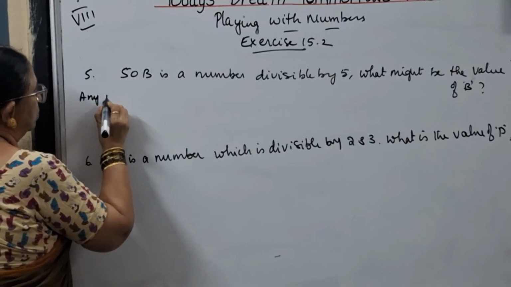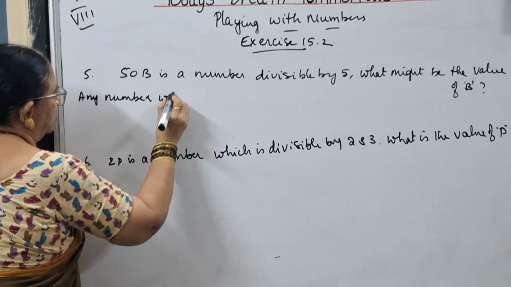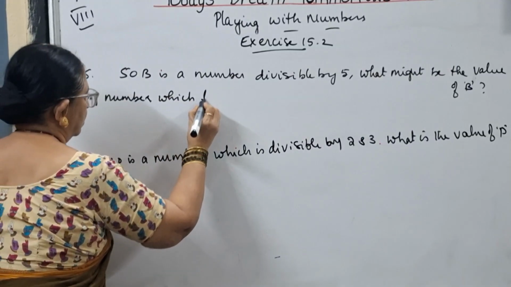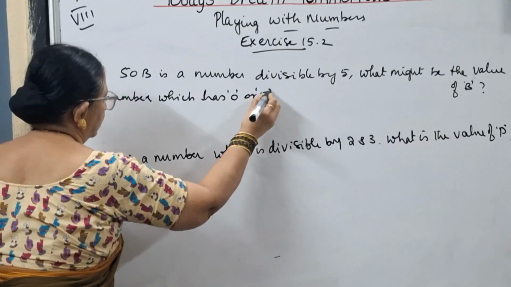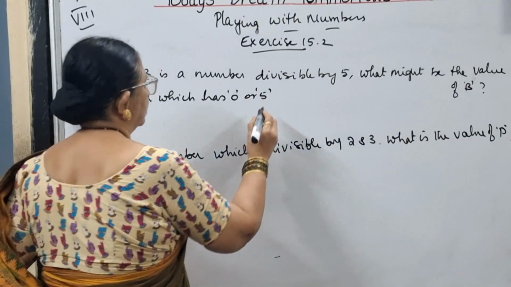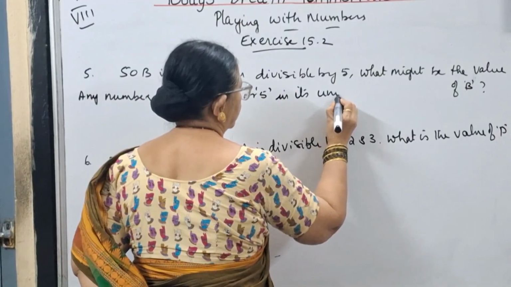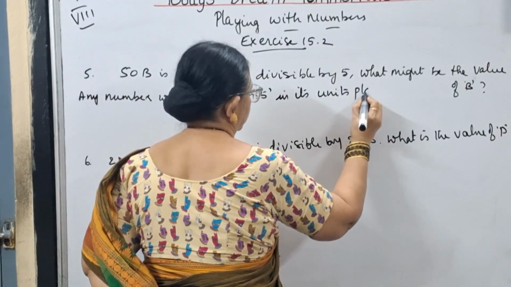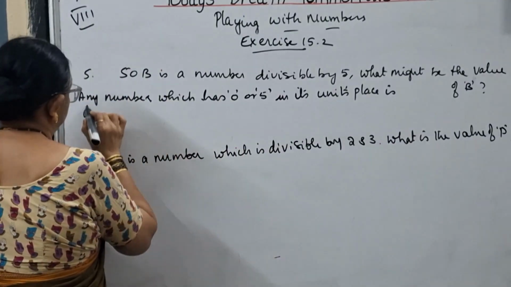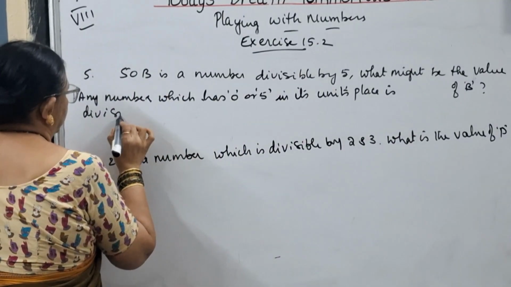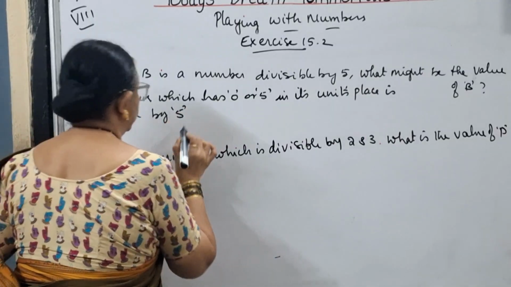Any number which has 0 or 5 in its units place is divisible by 5.